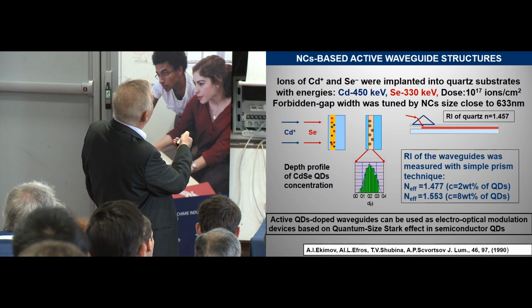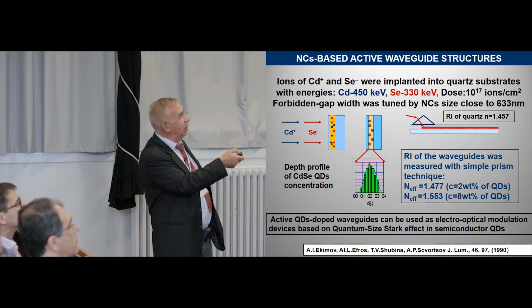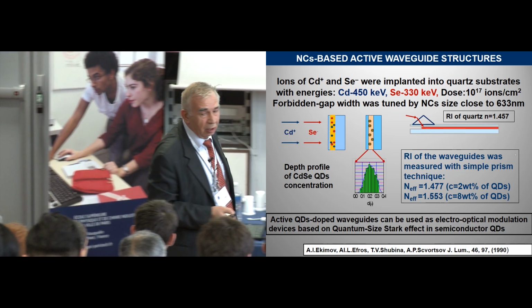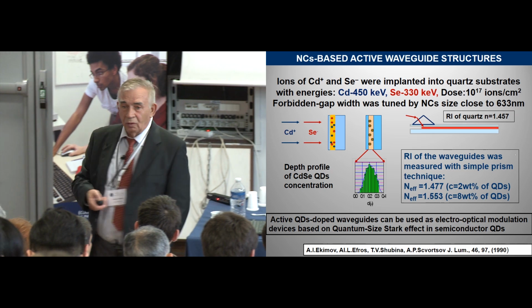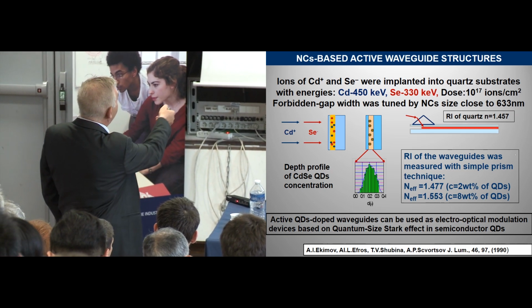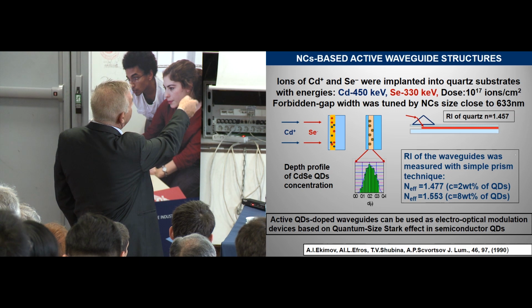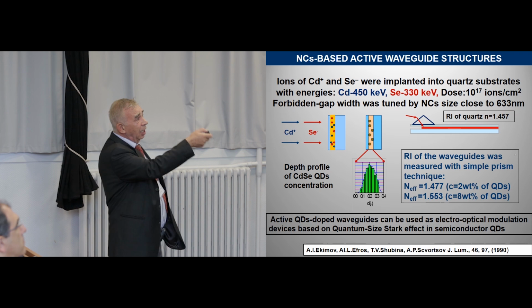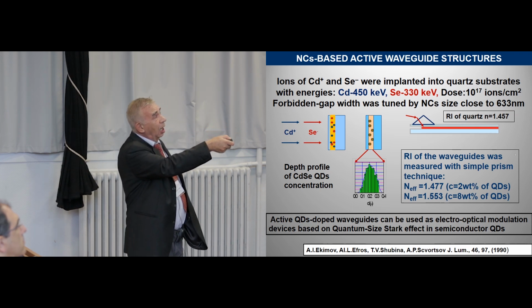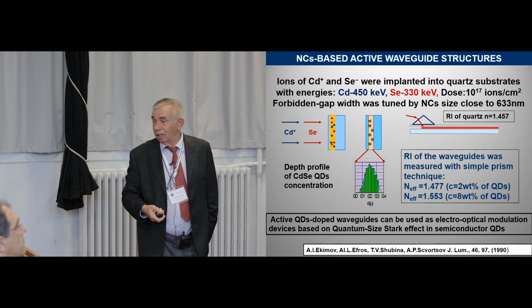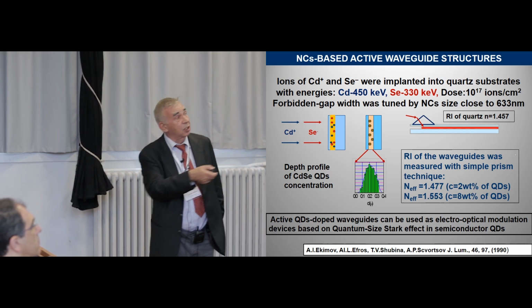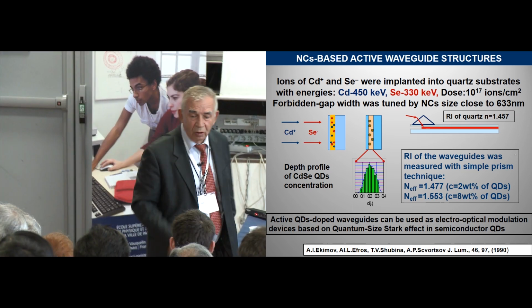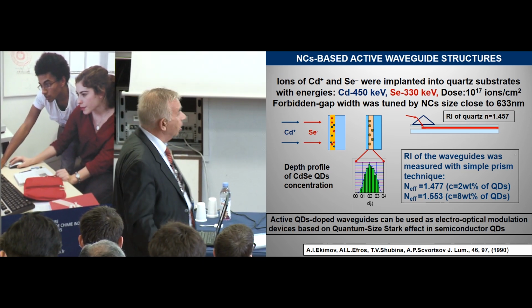The implantation energies, 450 keV for cadmium and 330 keV for selenium, were chosen to fit the depth of penetration to be the same for both. After annealing, you have nanocrystals grown inside the quartz matrix. It's actually not glass, it's quartz. The annealing temperature, I think, was more than 1,000 degrees to grow the particles.